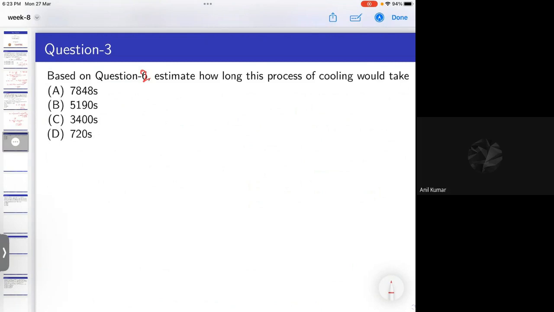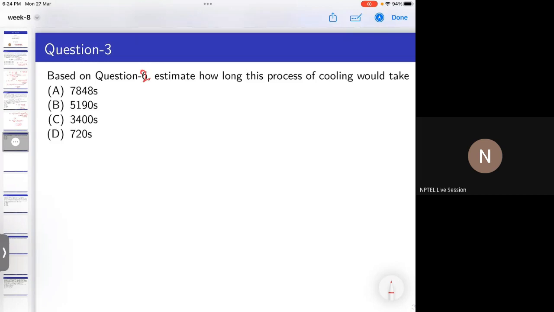Sir, first we will find the total amount of heat, that is m c delta T, and then we will divide it by the rate of heat transfer. Yes.